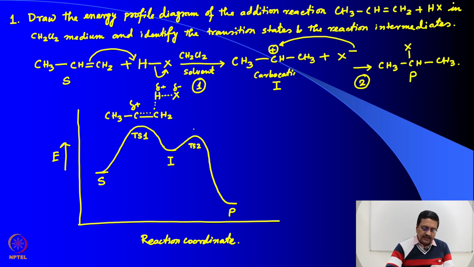On the other hand, the second transition state is a situation where the X minus forms the bond with the central carbon atom. Remember, we have the hydrogen here.